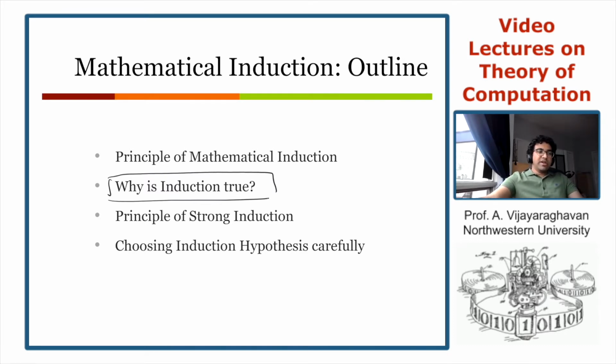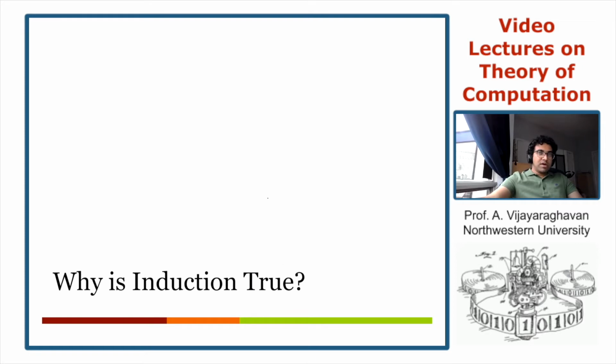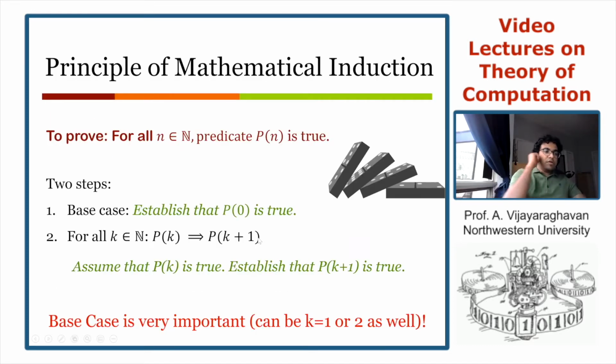Now let's review what we learned about mathematical induction, before we go into why the principle of mathematical induction is true. To prove a statement P of n, this predicate P of n over natural numbers, the two main steps are to establish the base case, so we show that the predicate is true for the first natural number we want to show it for.